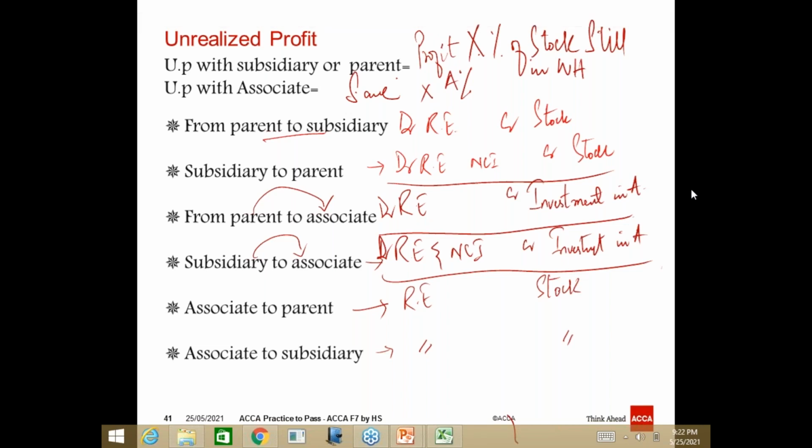We are not making the accounting entry for the whole amount. We are just taking our share of profit in our books. So you need to adjust only that portion of the amount that we have recognized in the books. When the associate's profit will also go in the retained earnings, that's why we need to debit the retained earnings figure.